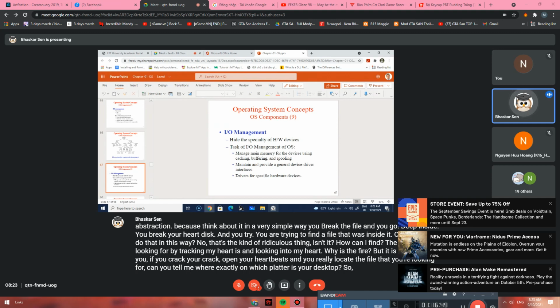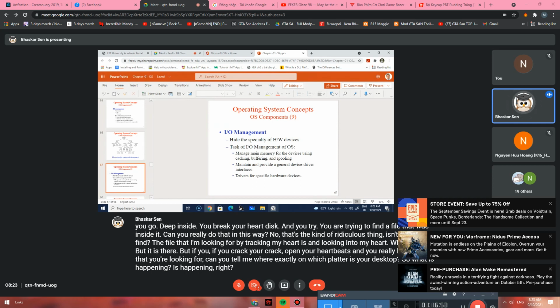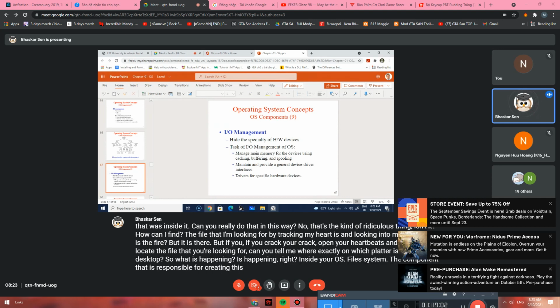So what is happening is happening right inside your OS. The file system is the component that is responsible for creating this abstraction.